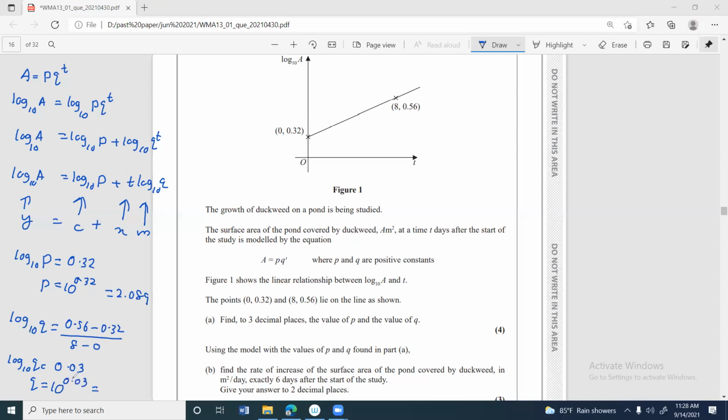So obvious answer, you can write 10 to the power 0.03. That is 1.07. I think this is fine.